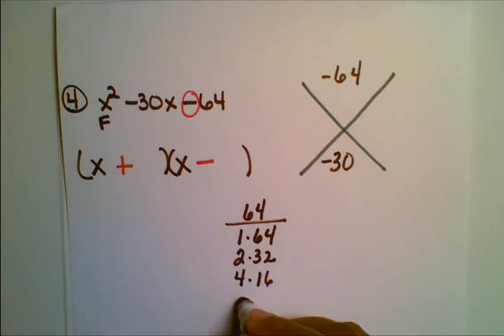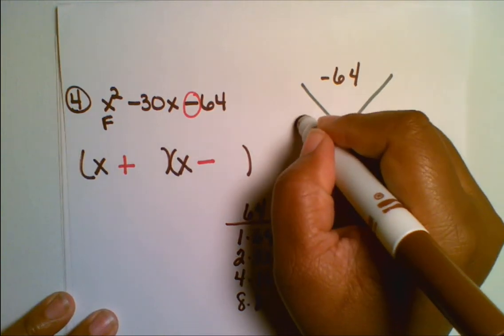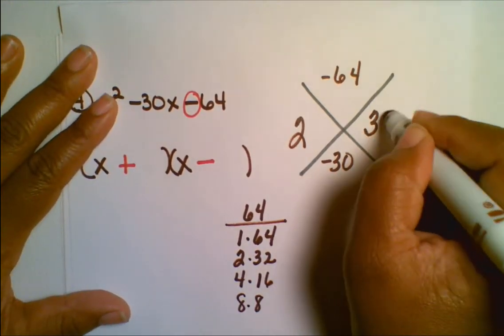Okay, 8 and 8. Okay, so which factors will we use here? 2 and 32.